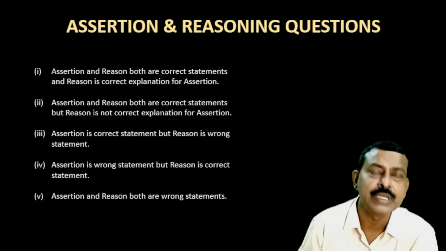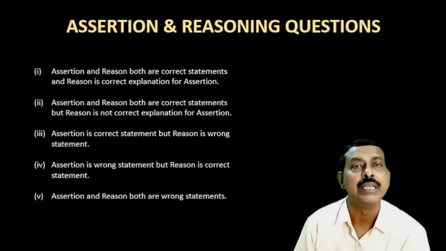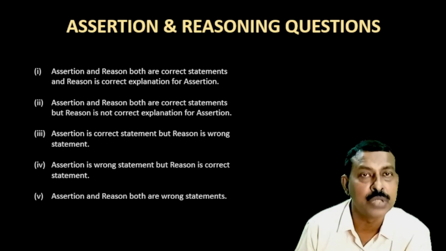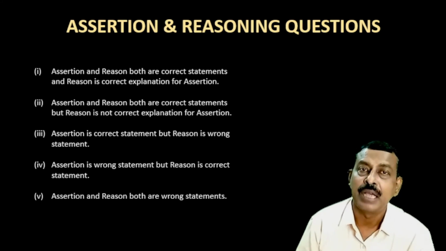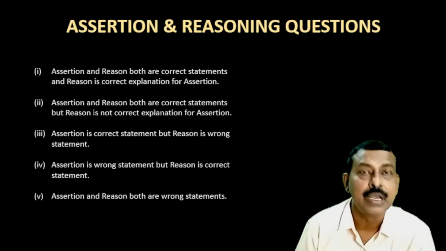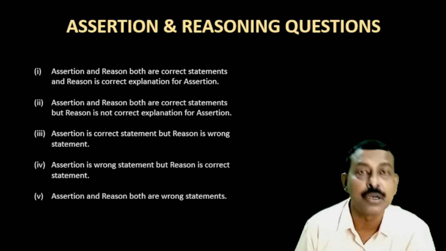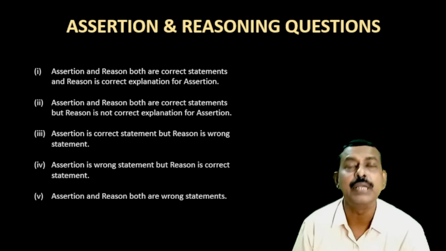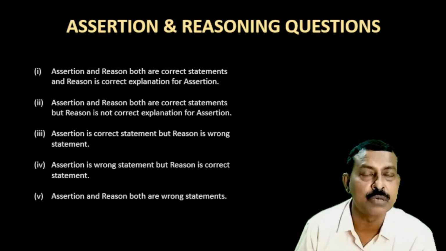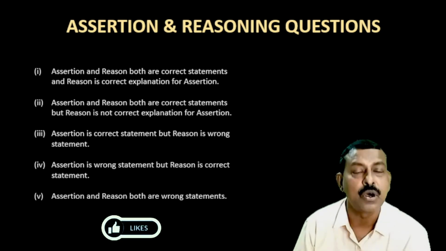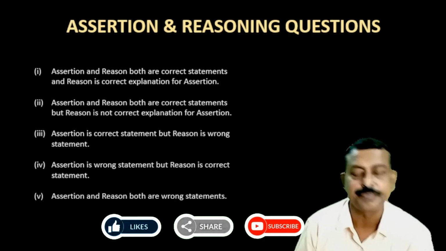Like the first one, that assertion and reason both are correct and reason is the correct explanation of the assertion. Second, that both are correct but reason is not the correct explanation. Third, assertion is true but reason is false. Fourth, both are wrong. Or it may be that assertion is wrong and reason is true. So just see for a particular question what options are given, and accordingly select the correct option.